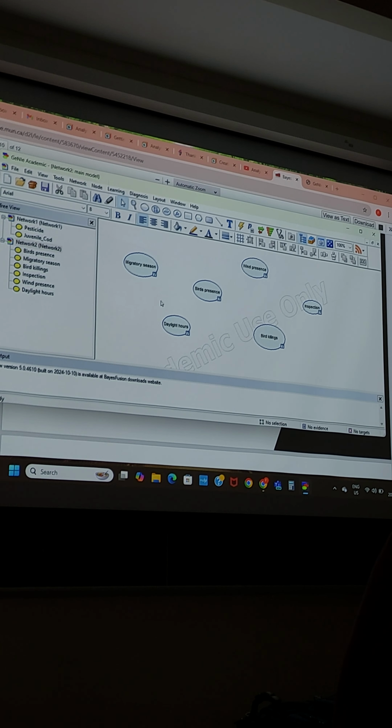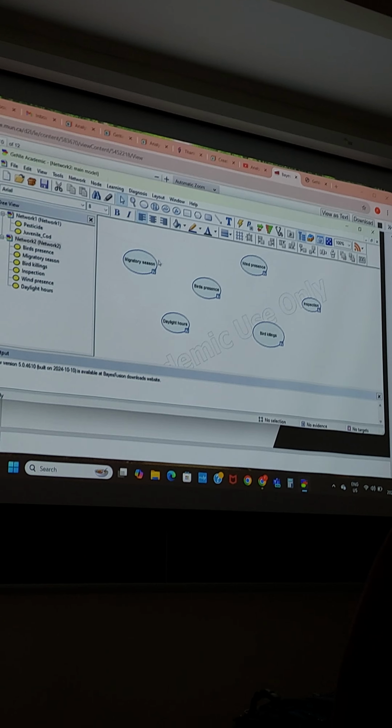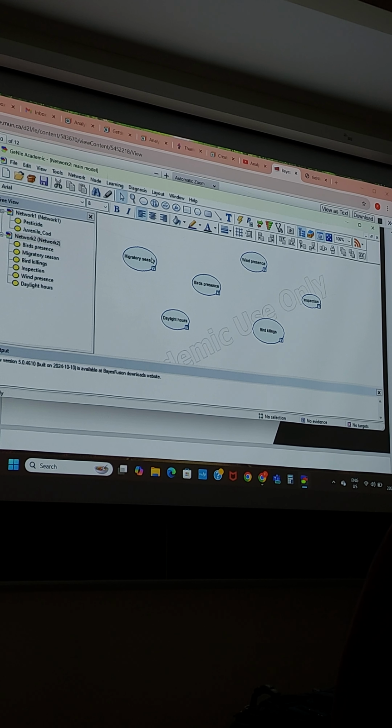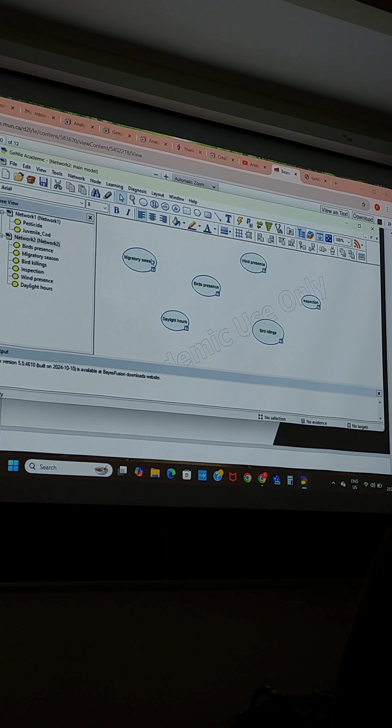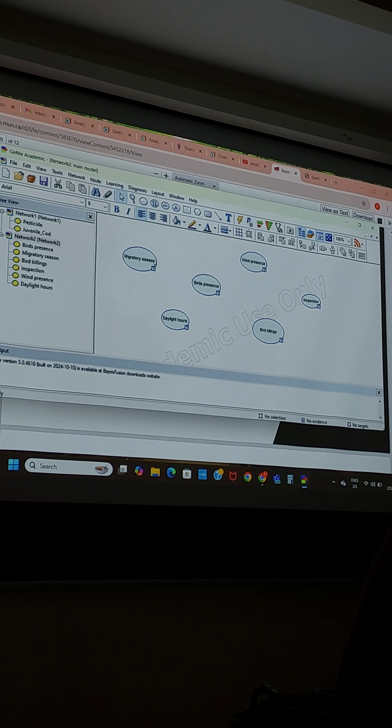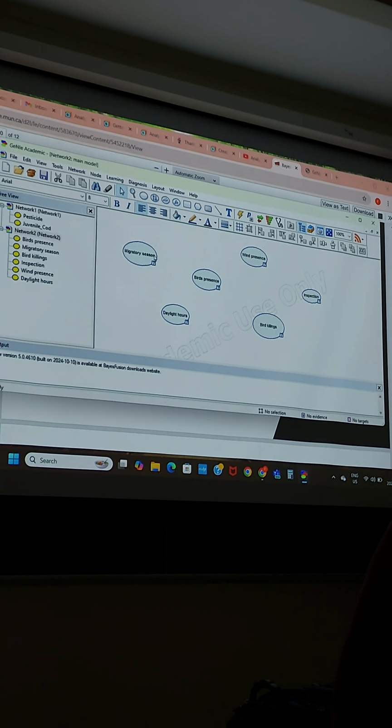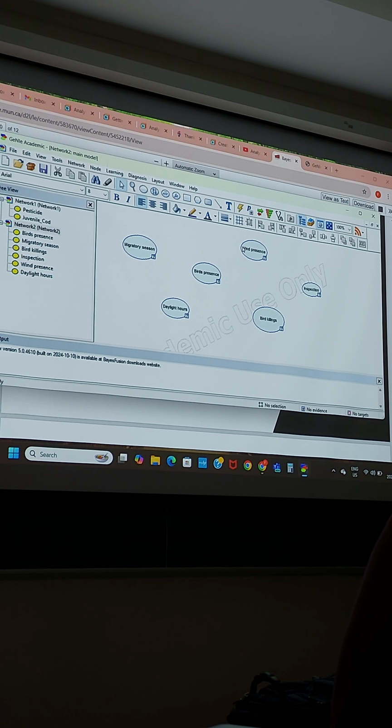All right. So migratory season. What node does this feed into? Does it feed into wind presence? Bird presence.